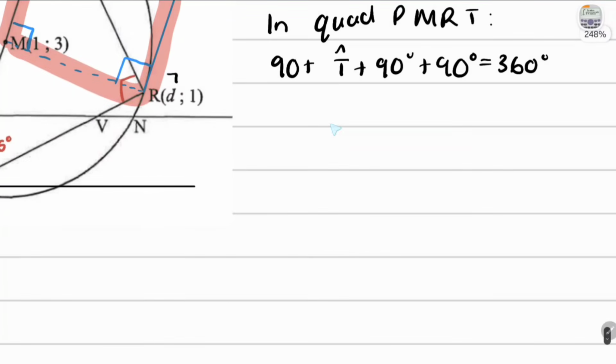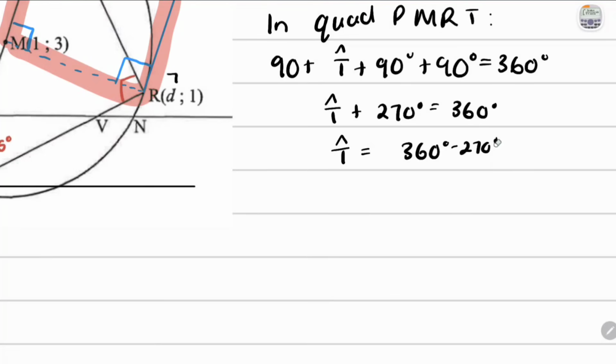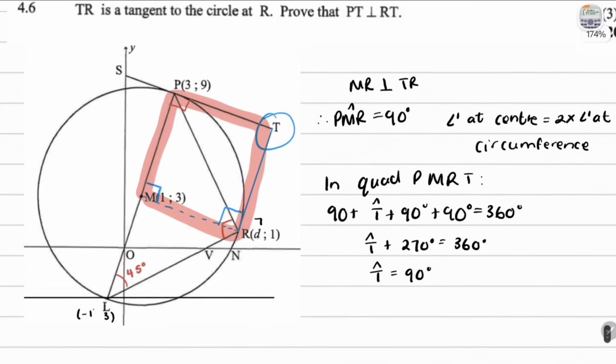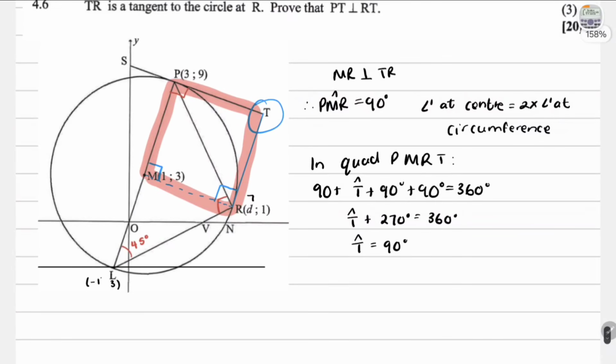We don't really need a reason. So it means that angle T plus 270 degrees is equal to 360 degrees. Therefore, angle T is equal to 360 minus 270, which is 90 degrees. And so that would prove that it is exactly 90 degrees.